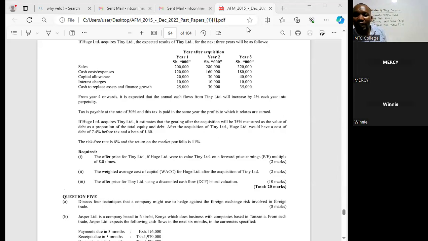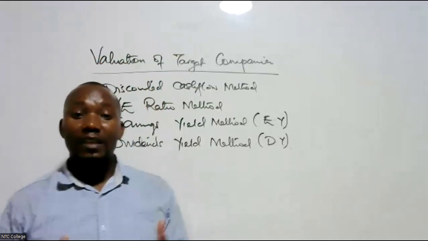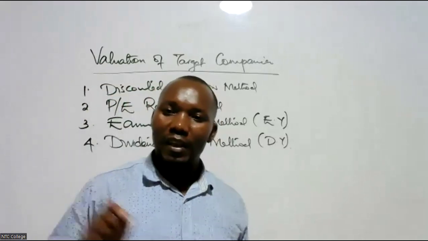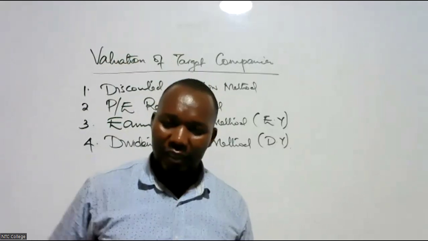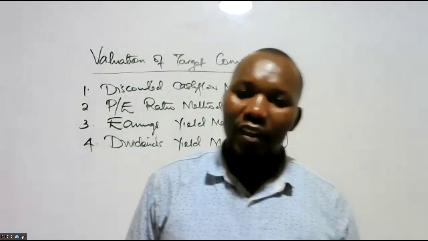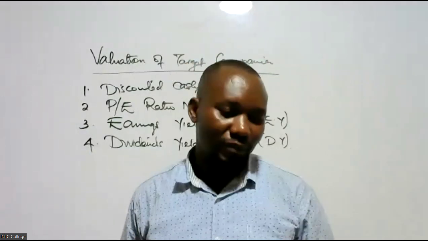So what is total equity and debt? Can somebody tell me? When they tell you that it is a proportion of total equity and debt, can somebody tell me? Leah, Mary, and Jill, Mercy, can you guys tell me the meaning of total equity and debt?